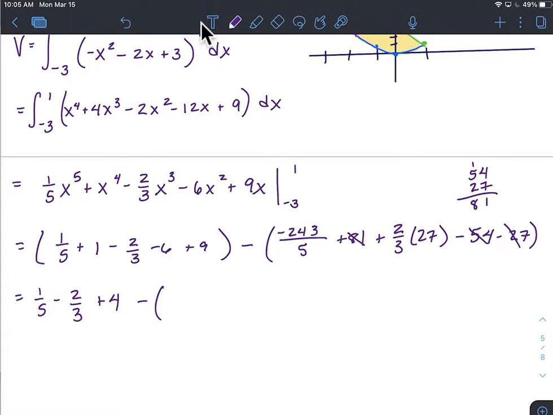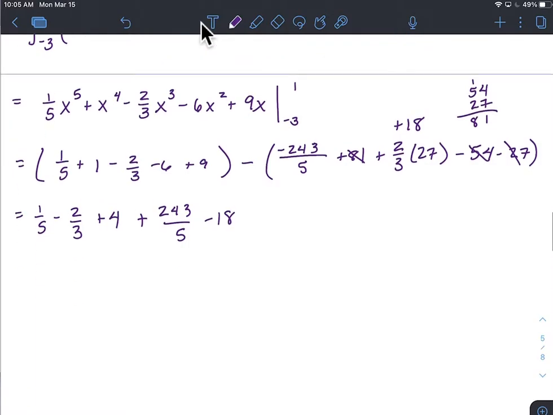Okay, 27 over 3 is 9. That's going to be plus 18. So I'm actually going to cancel out that. So we're going to get plus 243 fifths minus 18. Okay, so that's going to be 244 fifths minus 2/3 minus 14.